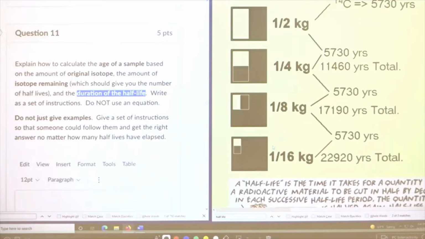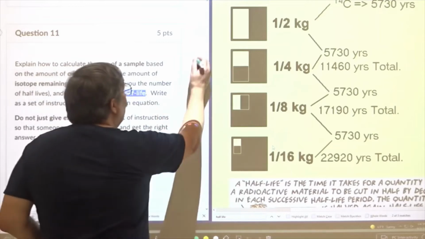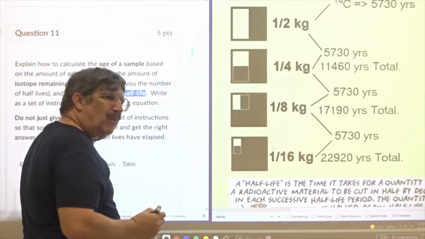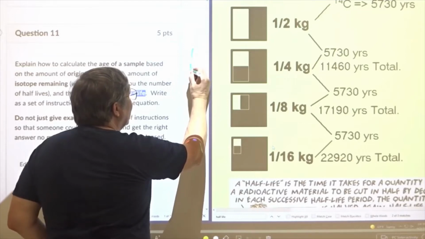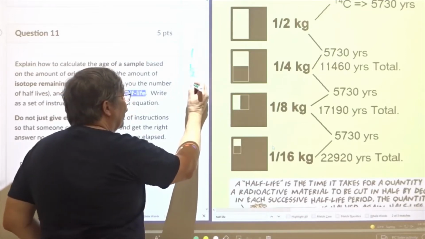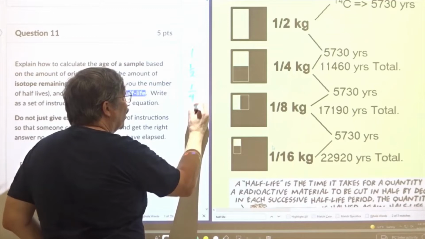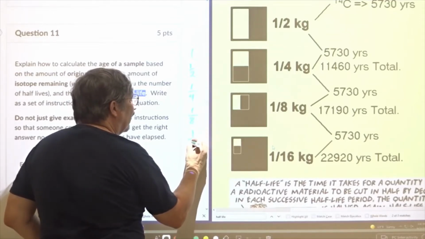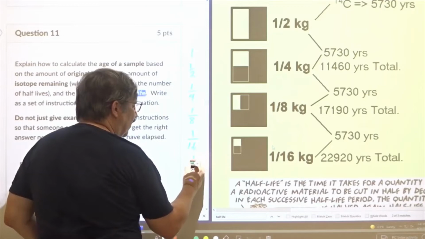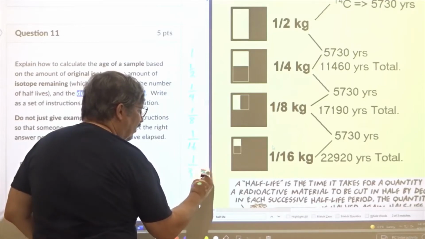Well, you might say, okay, if I start with 1, after one half-life, I'm going to divide that by 2 and I'm going to get a half. After another half-life, I'm going to have a quarter. After another, an eighth. After another, a 16th. After another, a 32nd.